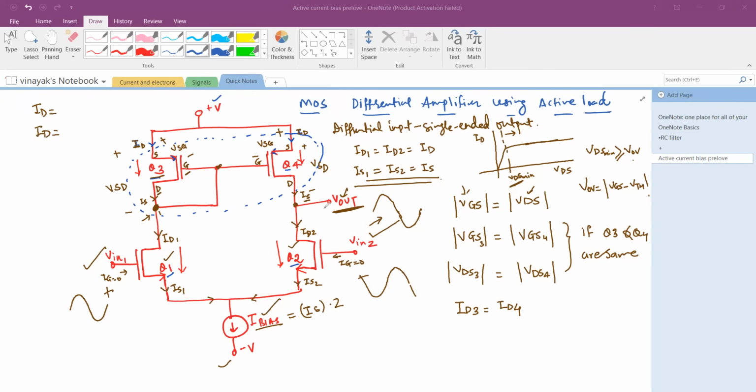Okay, so you also can say that the Vout here is going to be V plus minus this drop VSD or mod of, let's say, VDS. So that's how you get that situation and then get that voltage.